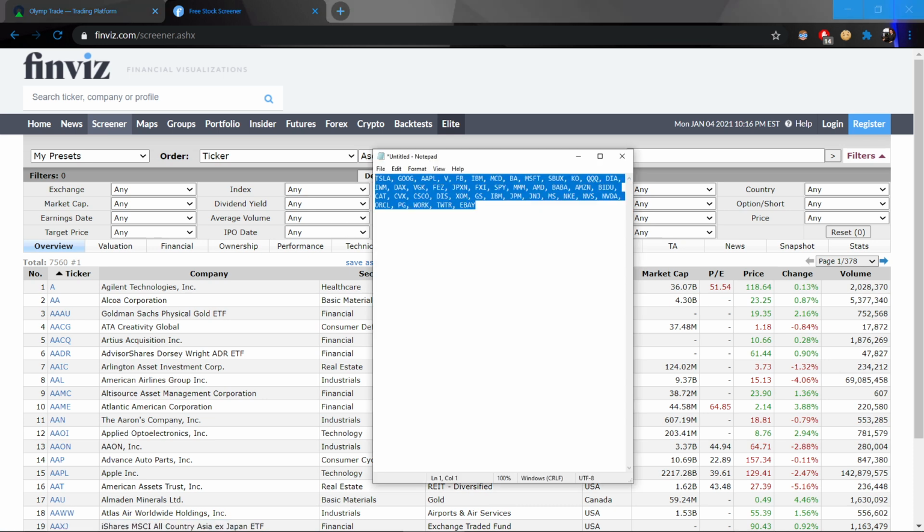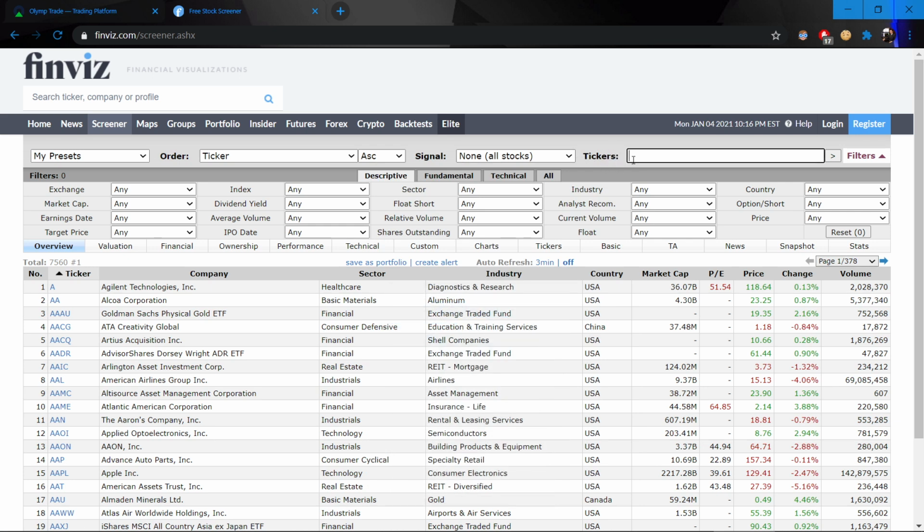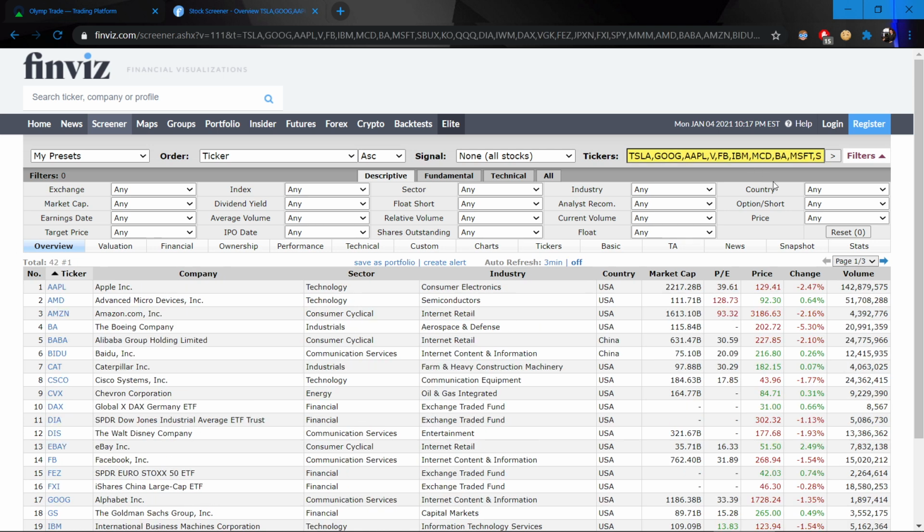Then in the screener, you copy and paste this list into the tickers box. All of these little words, PG is Procter & Gamble, ORCL is Oracle, WORK is Slack, eBay is eBay, obviously NVDA, Novartis, things like that. So you put it in that category and then you click enter.